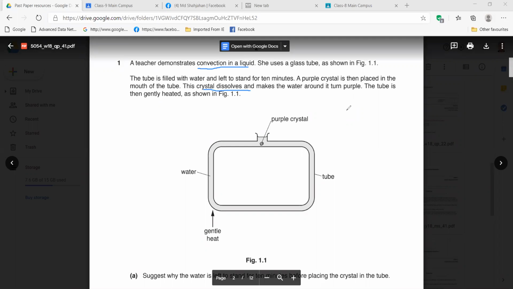Next, it occurs due to density changes. Second point I gave you, right? Second point is what? Convection occurs in fluids by density changes.